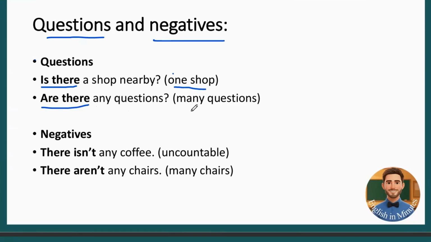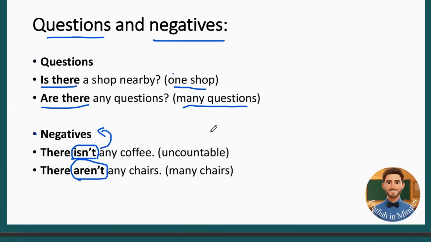So we talk about many questions. Okay. How do we use them in a negative way? There isn't any coffee. There aren't any chairs. Okay. So is becomes isn't and are becomes aren't to make it negative.